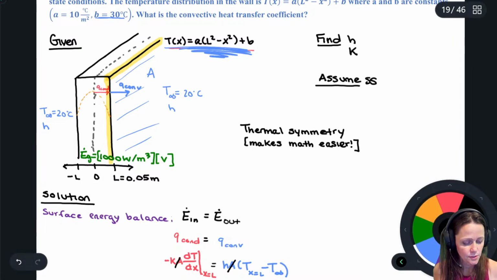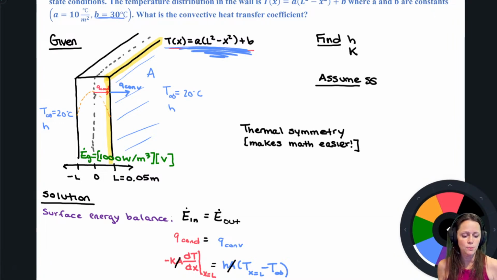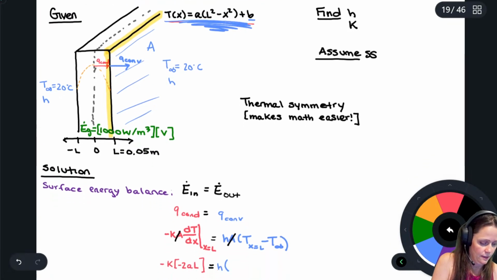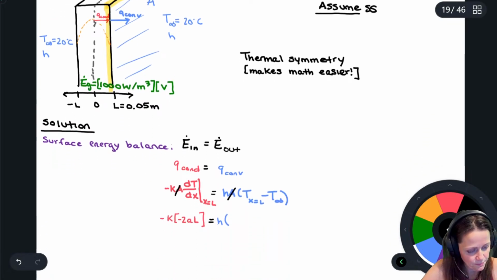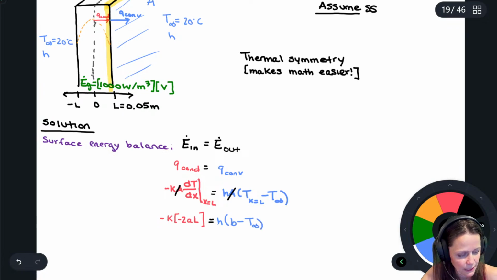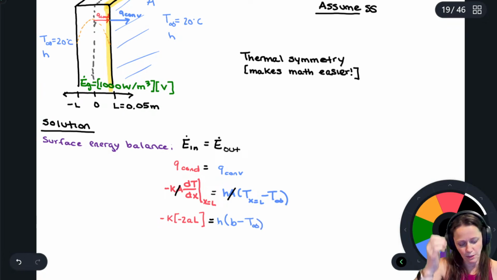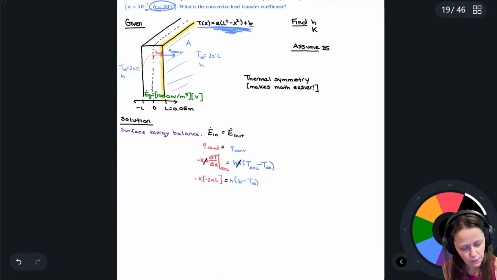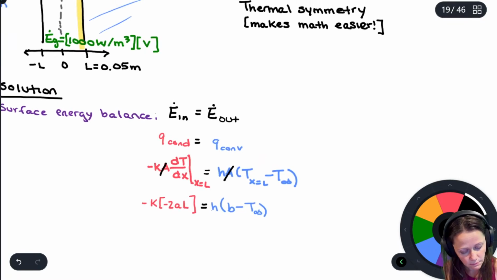All right. So the temperature at x equals L is going to be equal to B. Now we've got B minus T infinity. Yes, I know B is 30 degrees. If I look at what I know and what I don't know, I know L. Check.